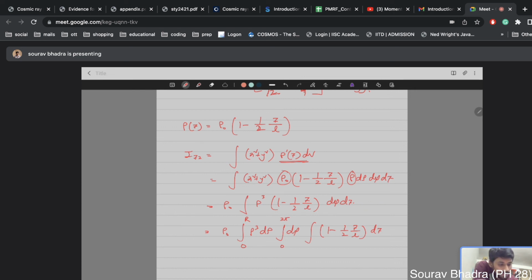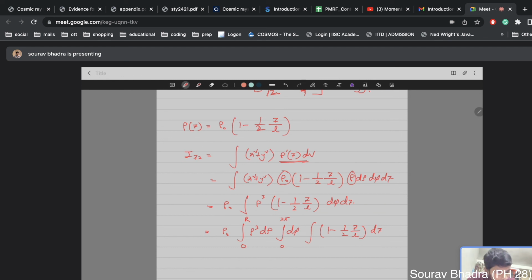And here you can use your coordinate system at the center, as I have shown in the previous case, but in this problem let us consider that we are measuring our z from the bottom of the cylinder. So our coordinate system, center of the coordinate O, is at the bottom of the cylinder.